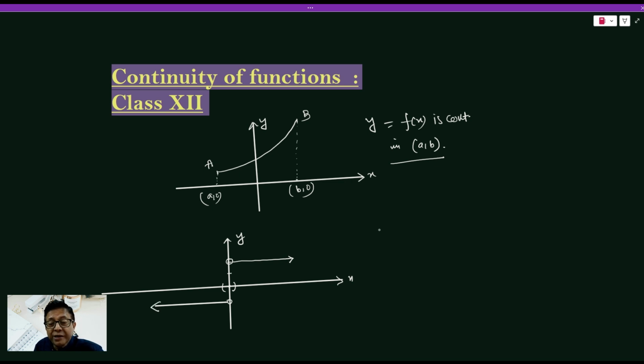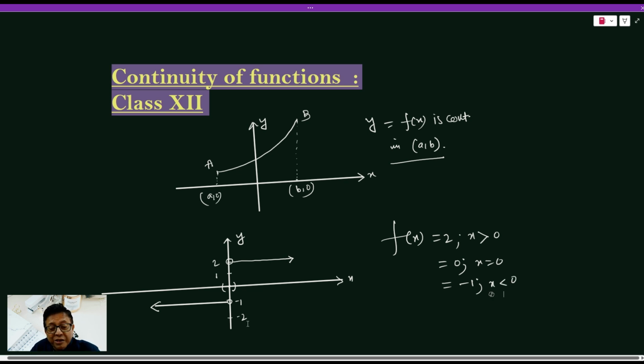Okay? Let me write it mathematically. f(x) equal to 1 for x greater than 0, 0 for x equal to 0, and say this point is, this is 1, 2, and this is -1, -2 this way. This is -1 for x less than 0.